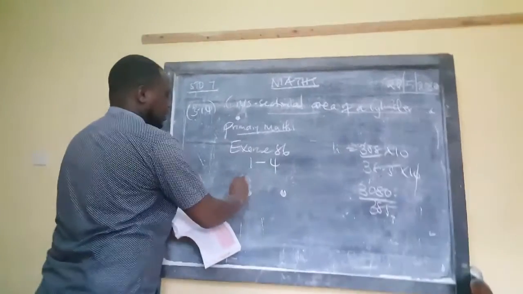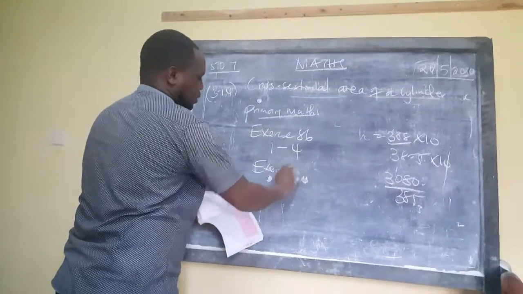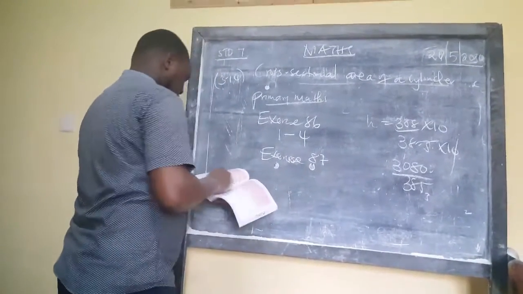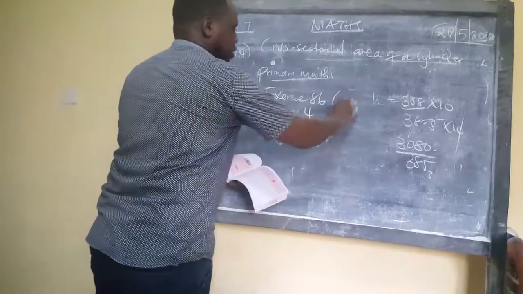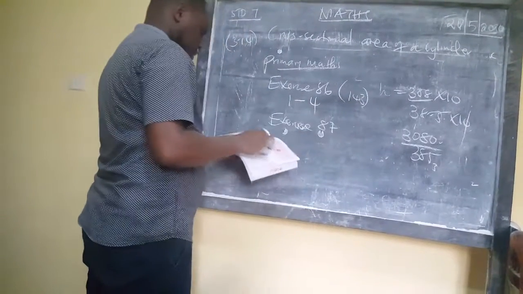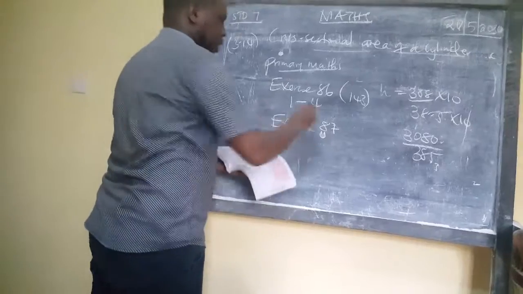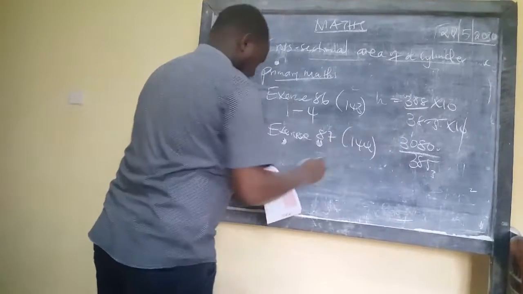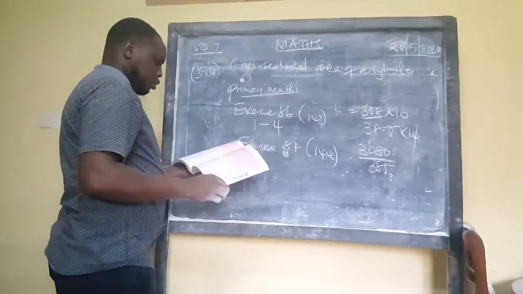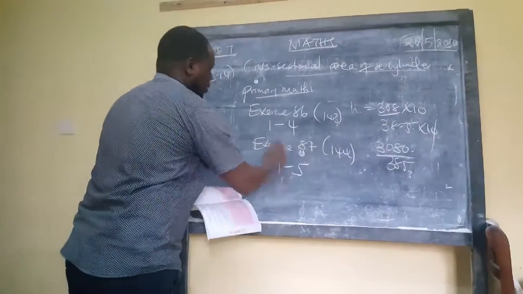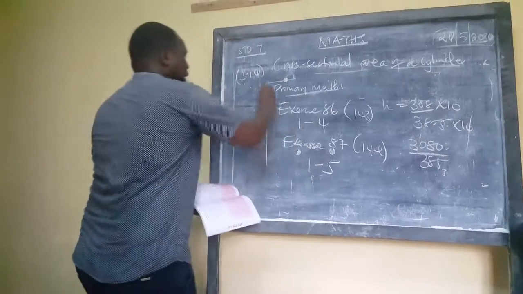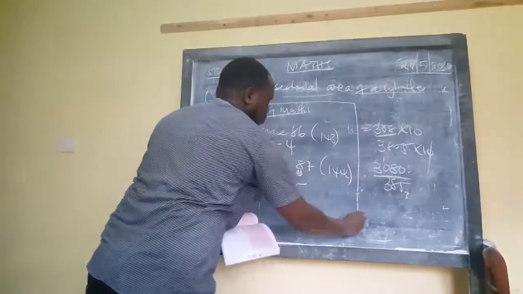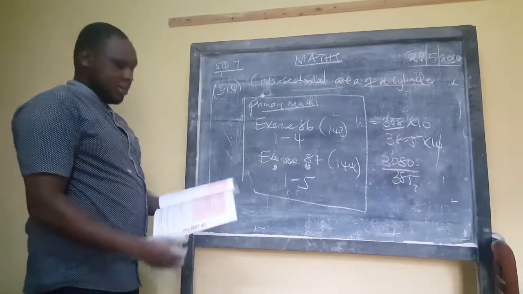Then exercise 87, on page 143 and page 144. The questions are from number 1 to 5. This is just a small amount of work that any learner can be able to finish and finish well.